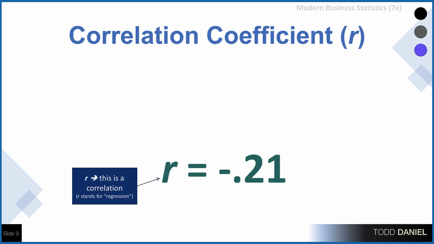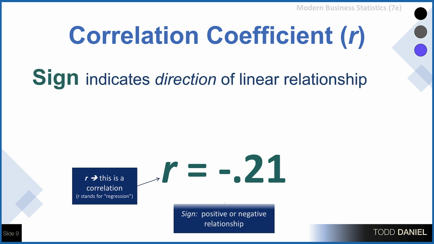This is an example of a correlation coefficient, which we call r. Now, r in the correlation actually stands for regression. And it reminds us of that regression line, or line of best fit, that runs through a scatter plot of the dots. So r, the regression value, equals something with a sign.